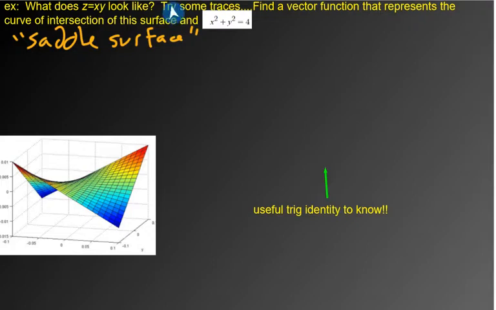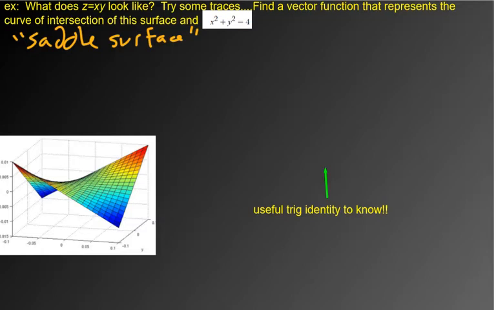If you want to try the traces, you could see this a little better. If you do the projections onto the different planes, I think you'll see that it does look like a saddle kind of surface, but planar-like.